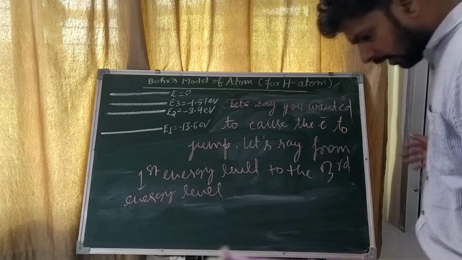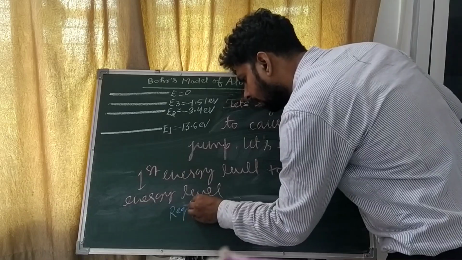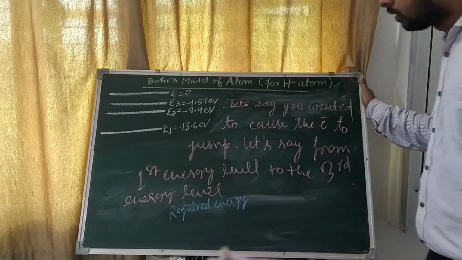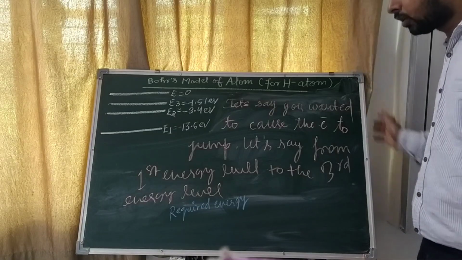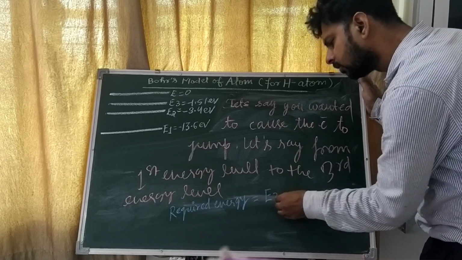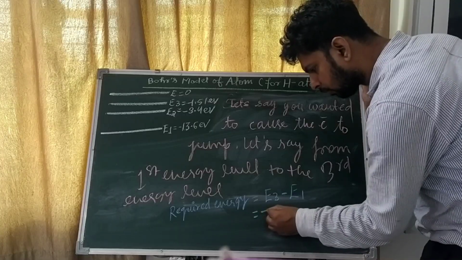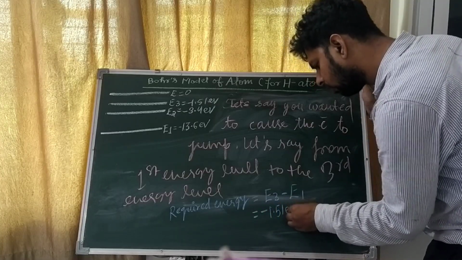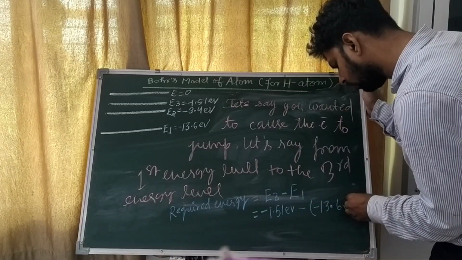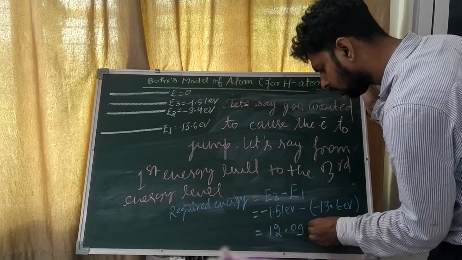So what will be the required energy? Required energy to make the first cell electron jump to the third cell should be E3 minus E1. And E3 is how much? Minus 1.51 electron volt minus of minus 13.6 electron volt, which will give you the value 12.09 electron volt.